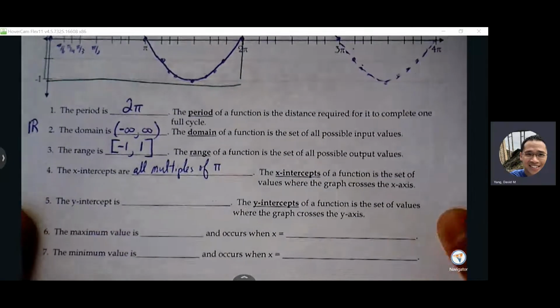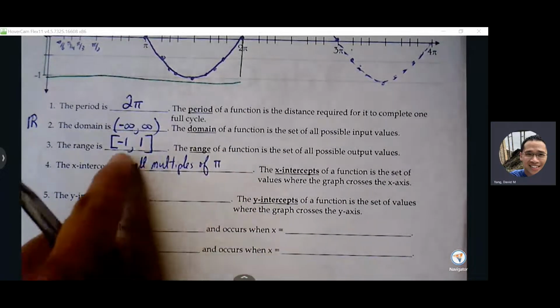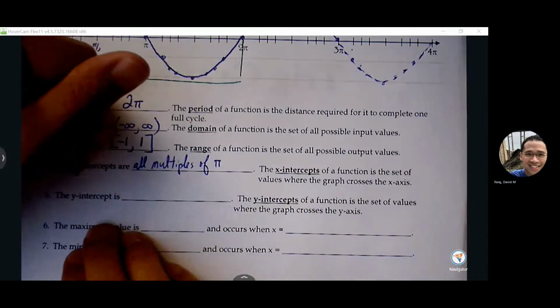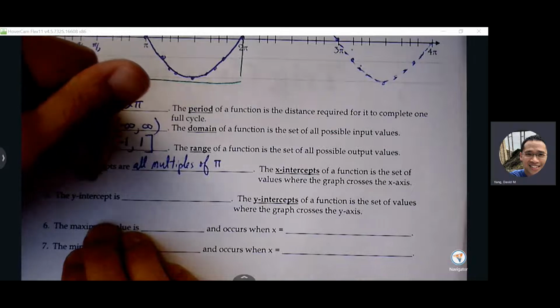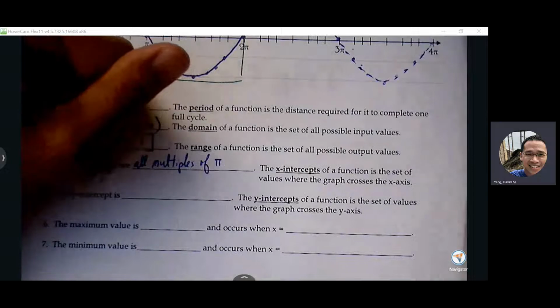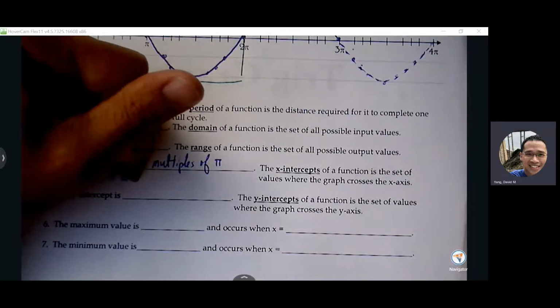Now we have some messy notation to have a more formal language for this, all multiples of pi, and we write it this way. We say pi k, where k is an element of an integer.